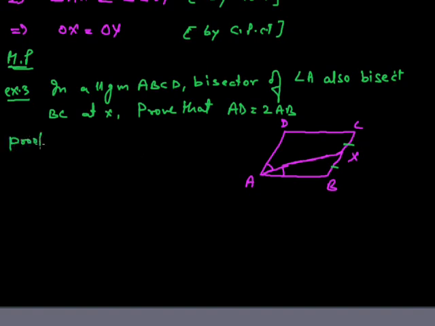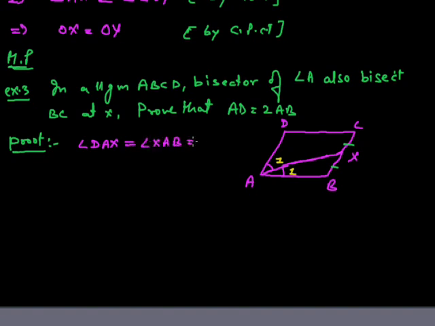Proof. Let this angle be 1 and this angle be 1, because of the angle bisector. Now angle DAX is equal to angle XAB.